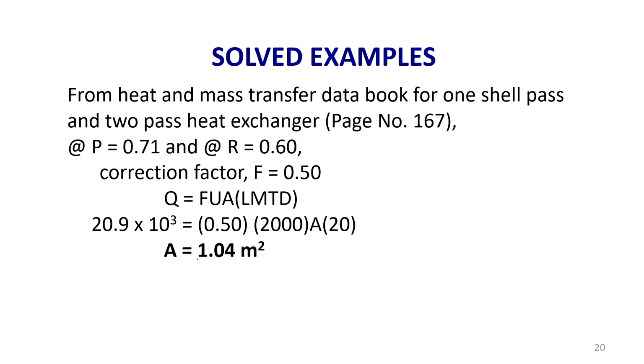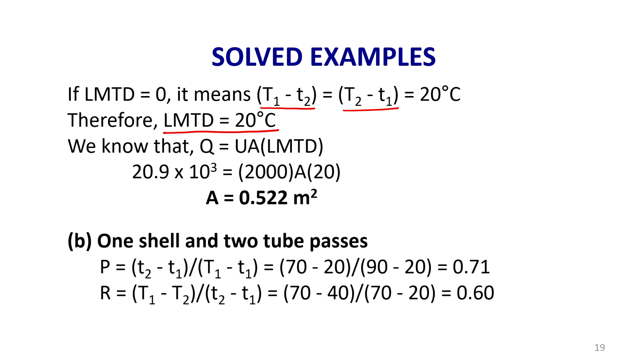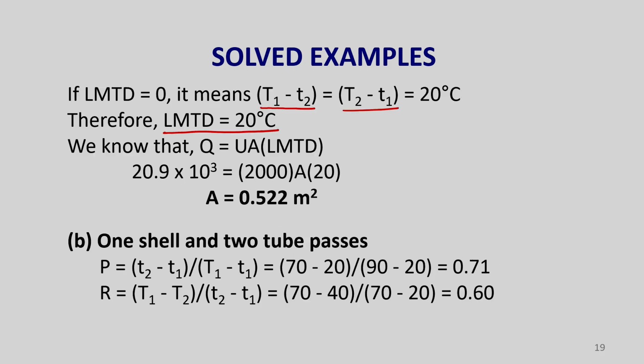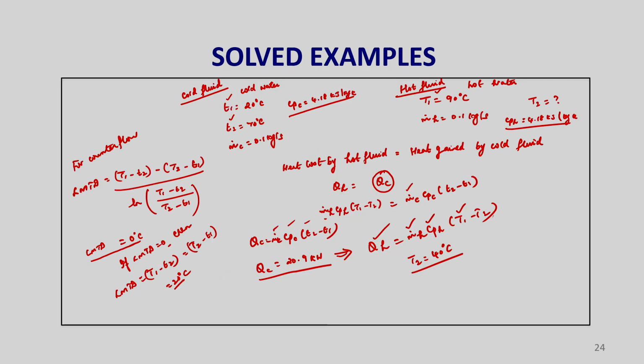So, we will take the LMTD as 20 and substitute in the formula Q equal to UA LMTD. We have been asked to estimate the required heat exchanger area. So, let me find out the area here. Q is equal to U into A into LMTD. This is without correction factor.